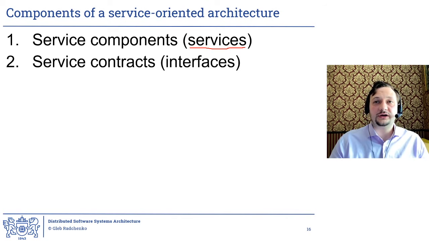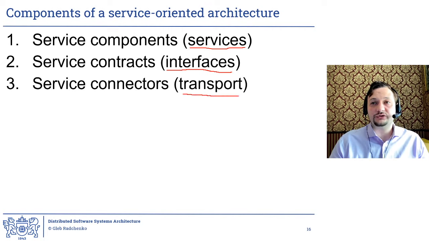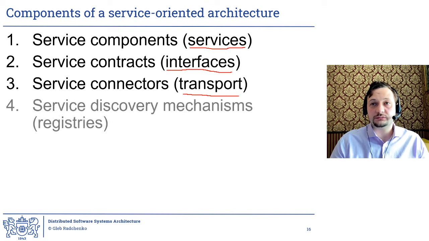We need to define what the service contracts or interfaces are. We need to define what the service connectors, or the transport of the service-oriented architecture system, are. And we need to define the ways to discover the services that are already implemented and available, the service registries.